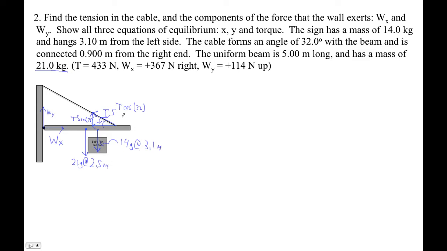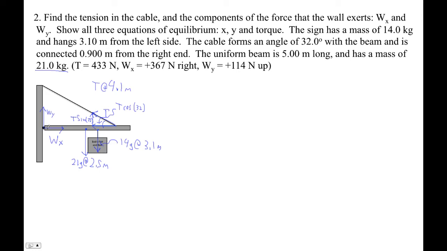And then this guy is attached 0.9 from the right end. Oh, this is complicated. Does that mean it's 4.1? Yeah, 0.9 from the right end. So this T is at 5 minus 0.9, so it's at 4.1 from the left side, right?